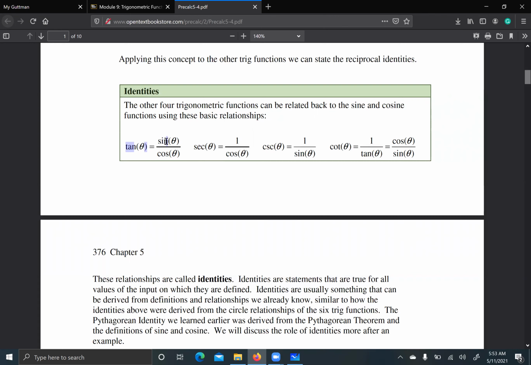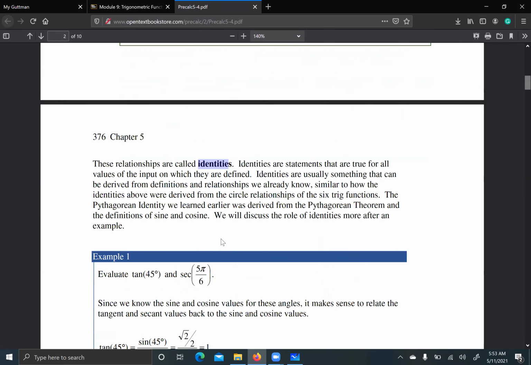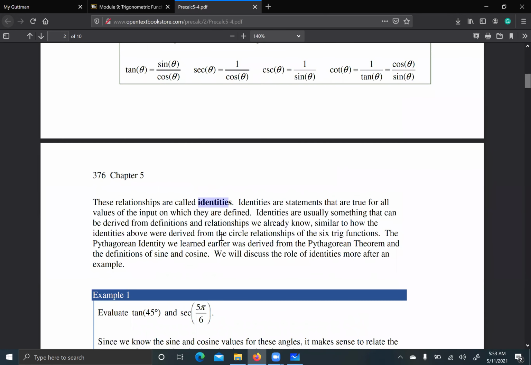No matter what the angle is, as long as you are within the domain, this equation always holds between tangent and sine and cosine. So equations like this are called identities, and they are very fundamental in trigonometric studies.